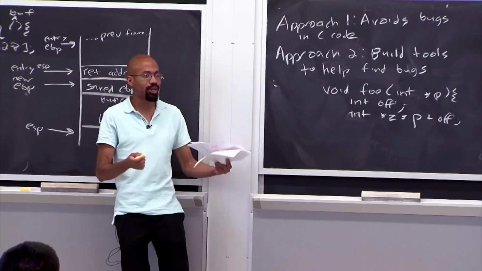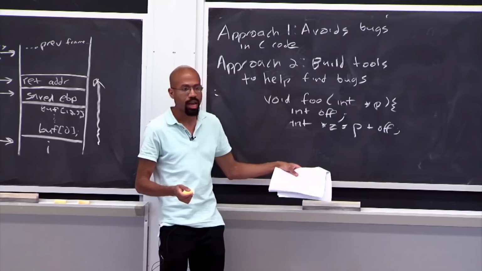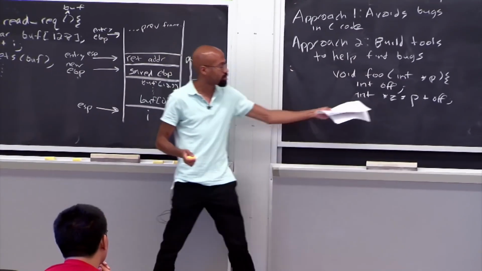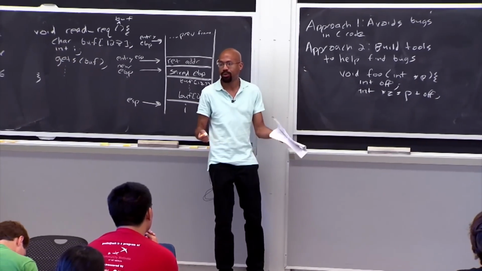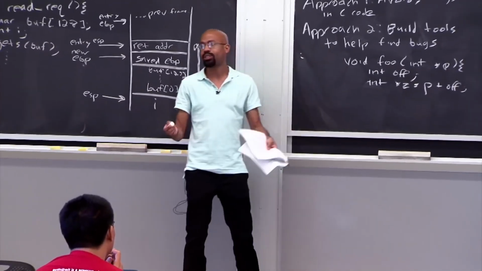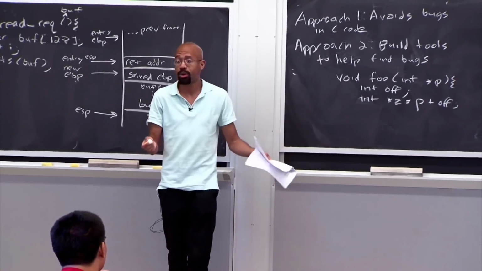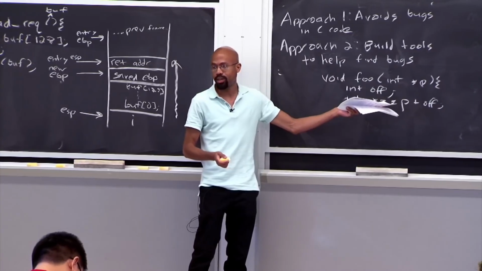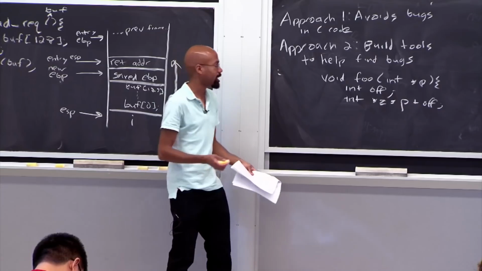Essentially, you can ask whether there is any control flow through this program by which offset could have been initialized before it was actually used in this calculation. In this example, it's very simple to see that the answer is no. You can imagine that if there were more branches, it'd be more difficult to tell. But one thing that a static analysis tool could tell you, and in fact, one thing that popular compilers will tell you, is you'll compile this and it'll say, hey, buddy, this has not been initialized. Are you sure this is what you want to do? So that's one very simple example of static analysis.